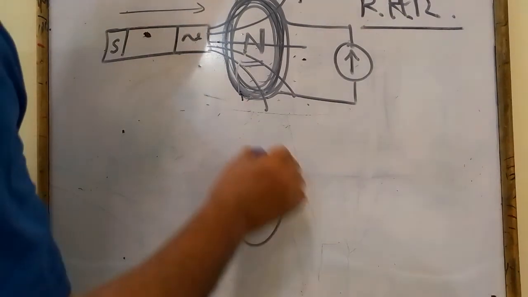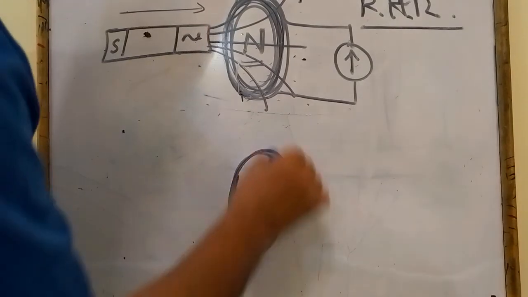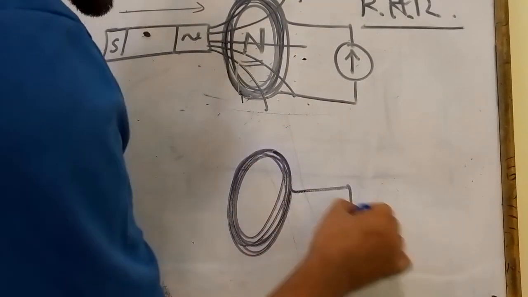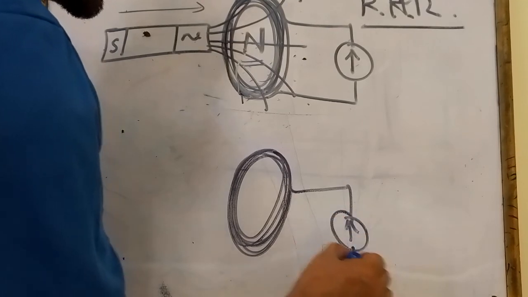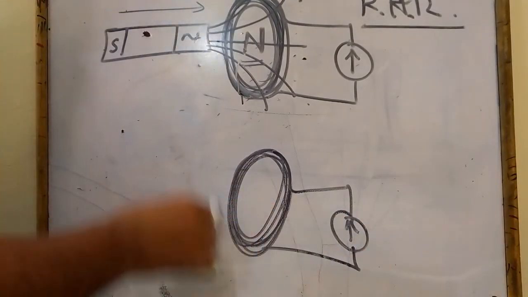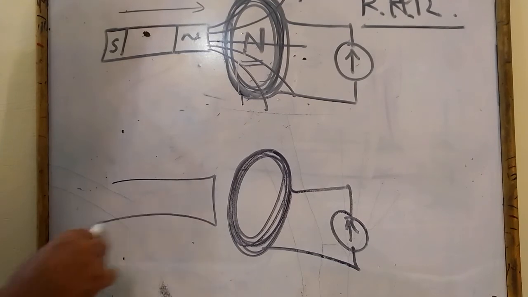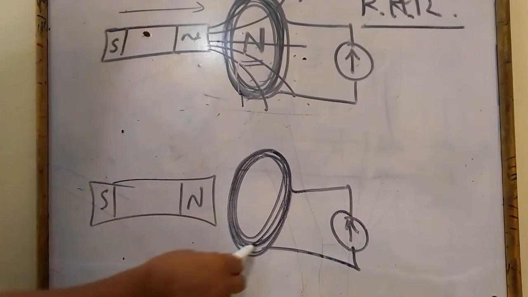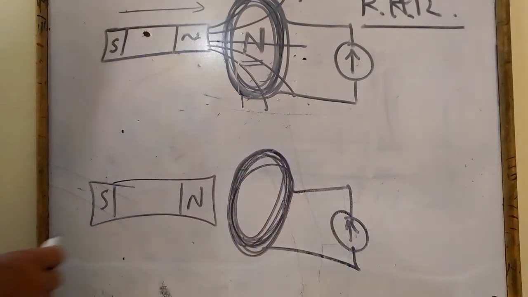Another case, another part of the same experiment: we have a galvanometer attached to the coil and magnet. This is the north side, this is the south side, this is the coil, and the galvanometer.